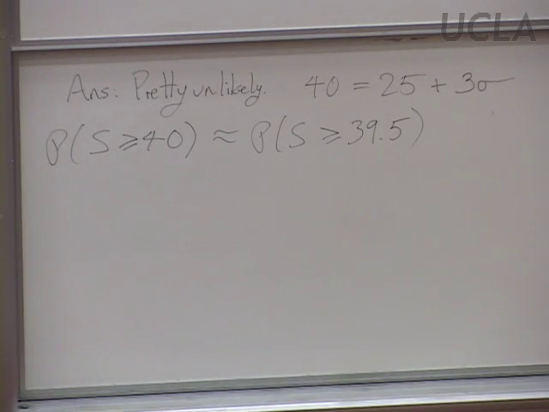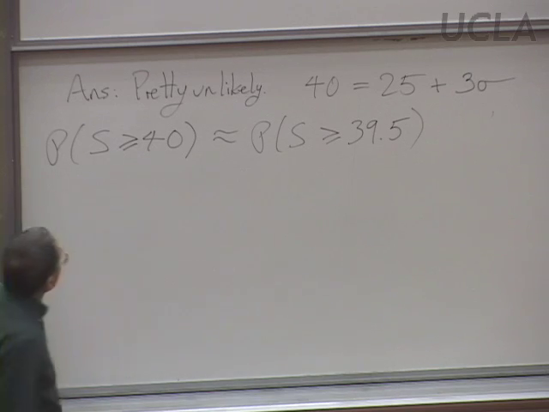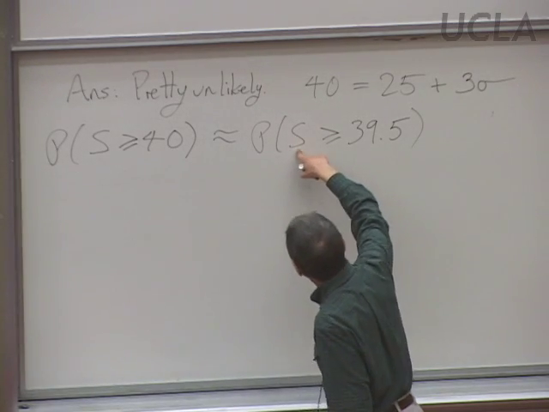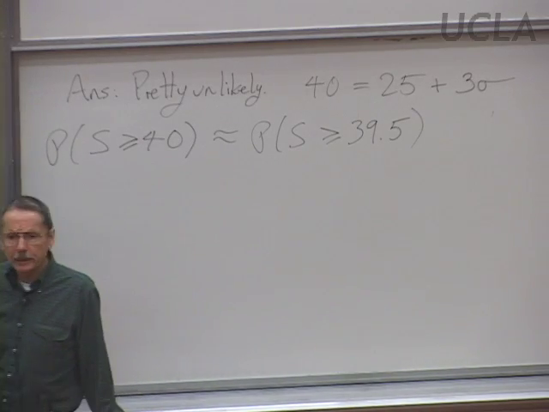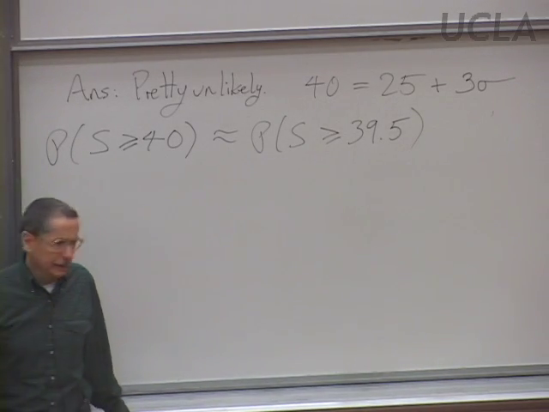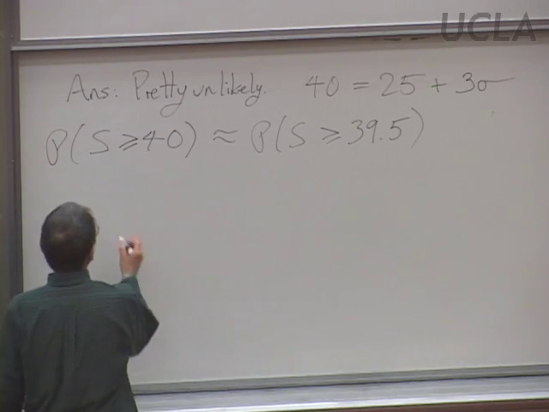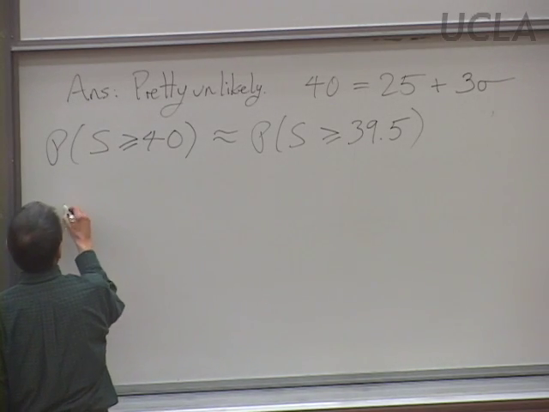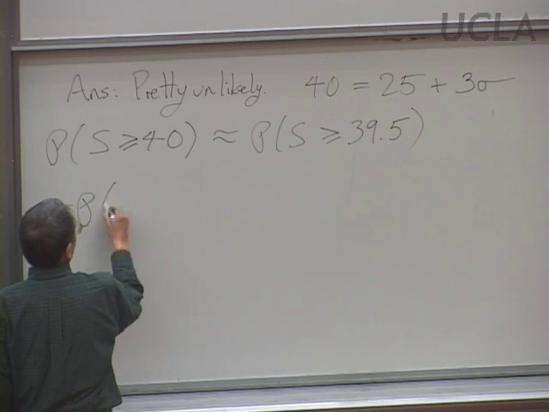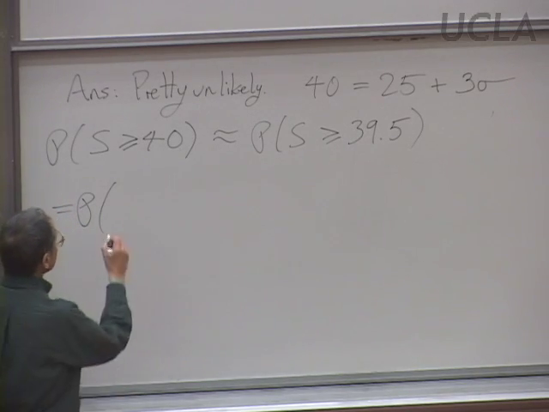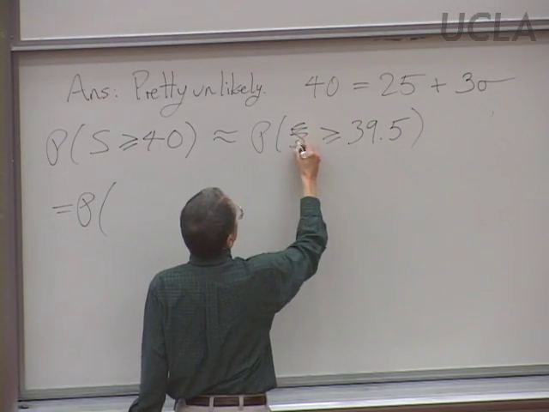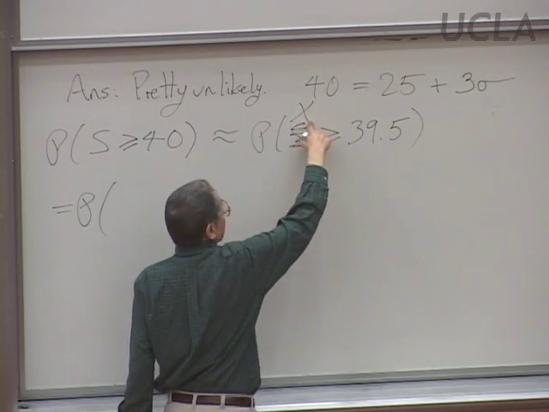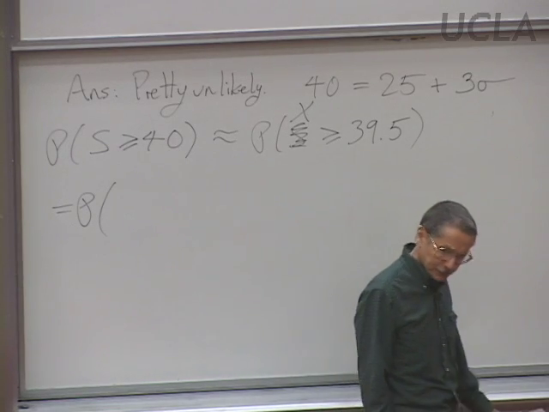And for a random variable with the normal distribution with the same mean and the same standard deviation as S. So we want to standardize. Change from S to X because this now has the normal distribution.